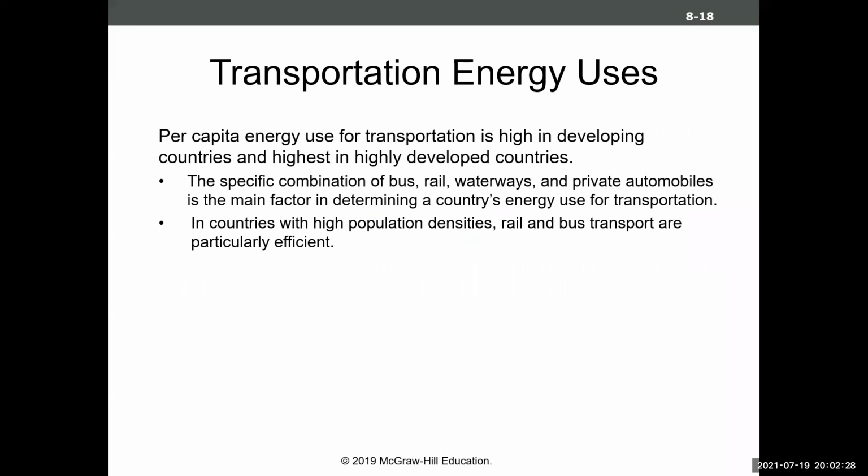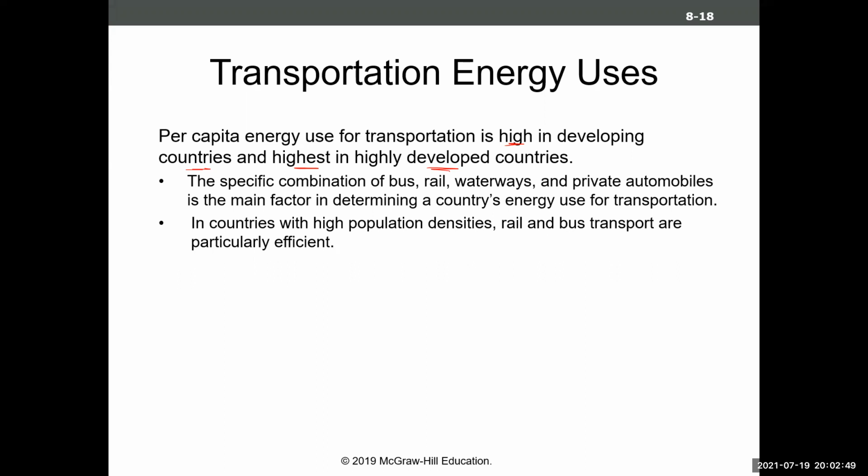In terms of per capita energy use for transportation, again, developing countries are going to be high, and your highest is already in the developed countries because they have those roads set up, they have those transportation pathways available, they have access to automobiles.